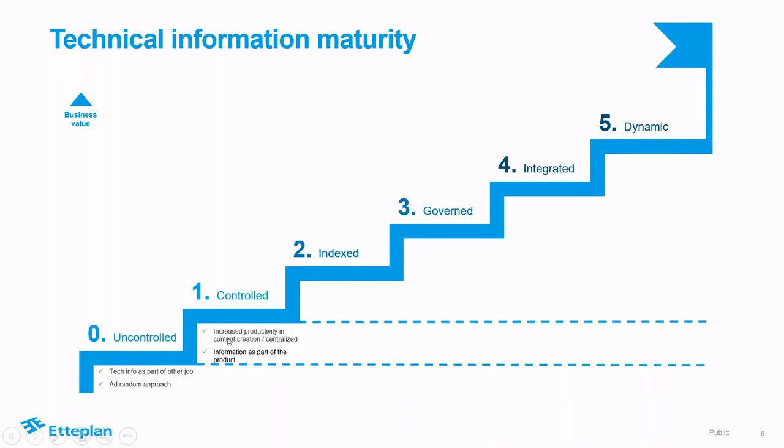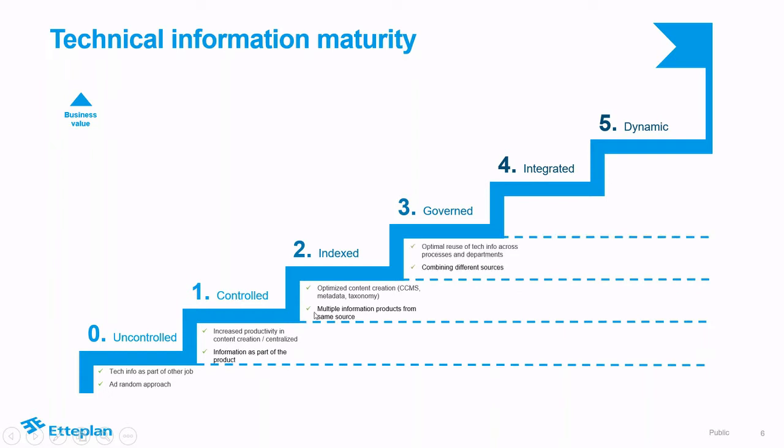So we start with level 1, where it's controlled, and it's seen as a job to create good technical documentation. In level 2, we use a content management system. In level 3, we start reusing it across different departments. In level 4, we will give the information to a user of this information at the right time based on a certain context.